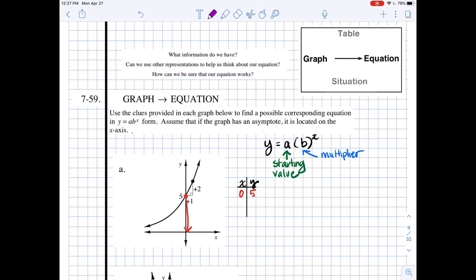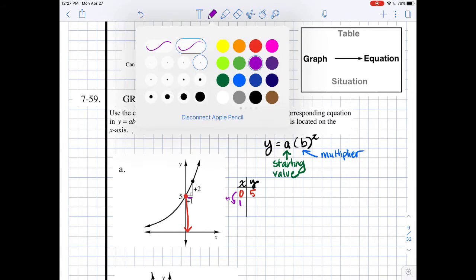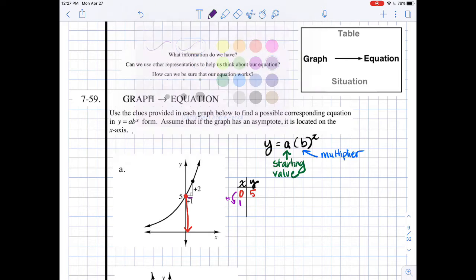In order to get the next value, we need to add 1 to the x value. So that's going to be a 1. And for the y value, we're going to add 2. So that's going to give us a 7.